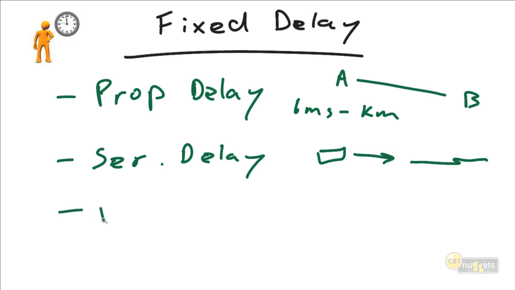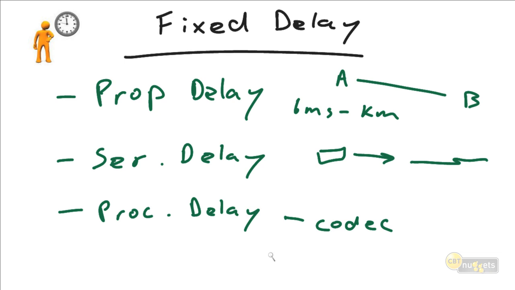And then there's processing delay. What we mean here is, of course, the codecs: the conversion of the analog signal into the digital signal, or vice versa, the digital signal's conversion back into the analog.